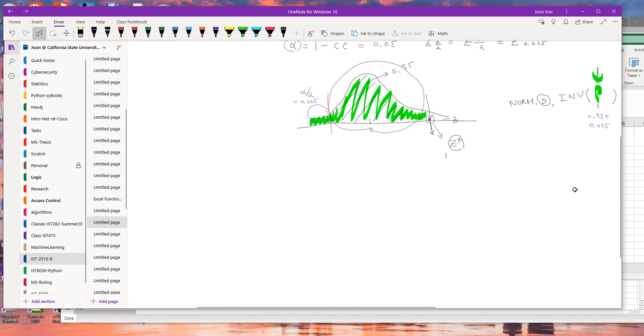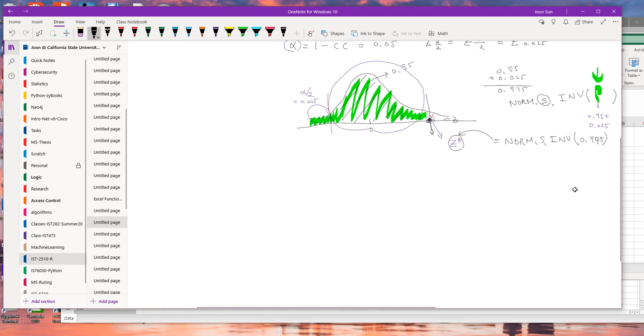So NORM.S.INV, and if you add this up, 0.95 plus 0.025, you get 0.975. Then you can find the z value right there.